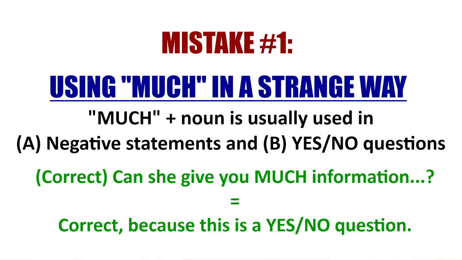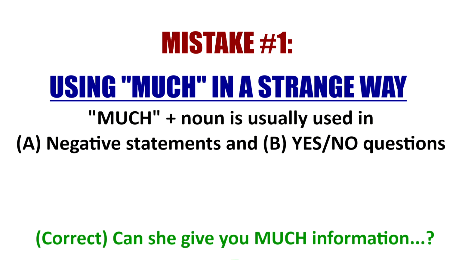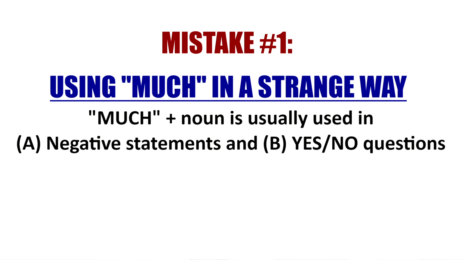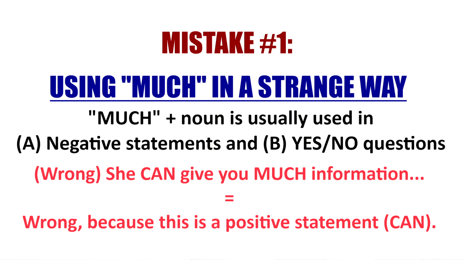Great, it's a question, a yes/no question. She can't give you much information about the project. Great, cannot, negative. But she can give you much information about the project. This is strange because it is a positive statement using much.